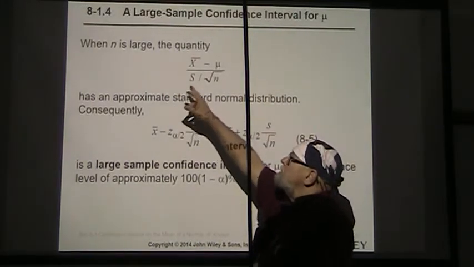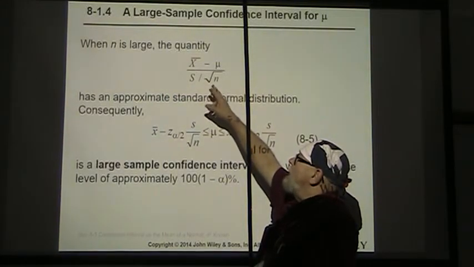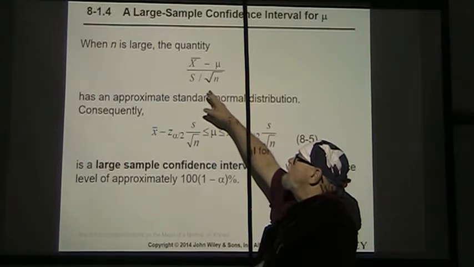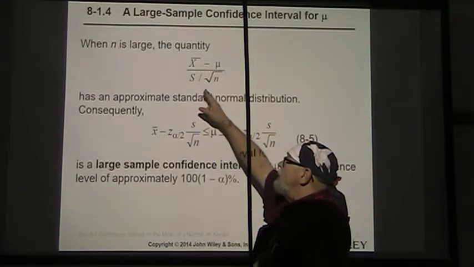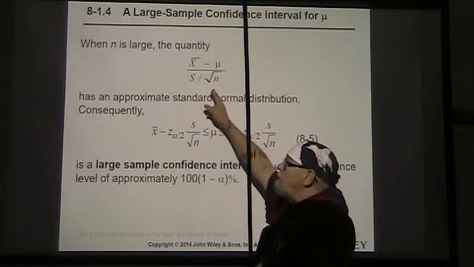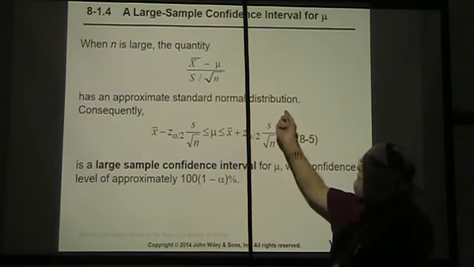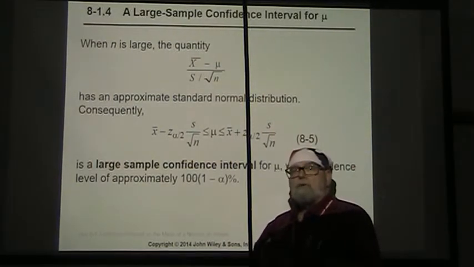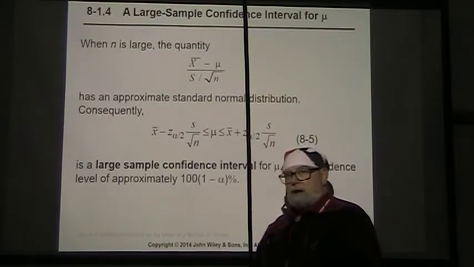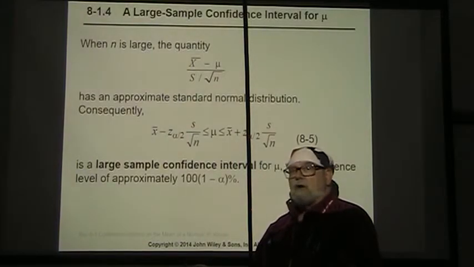When n is large, the quantity x bar minus mu divided by the quantity sample standard deviation divided by the square root of n has an approximate standard normal distribution. This goes along with what we talked about with the central limit theorem. If you have enough numbers, it starts to look like a standard normal.